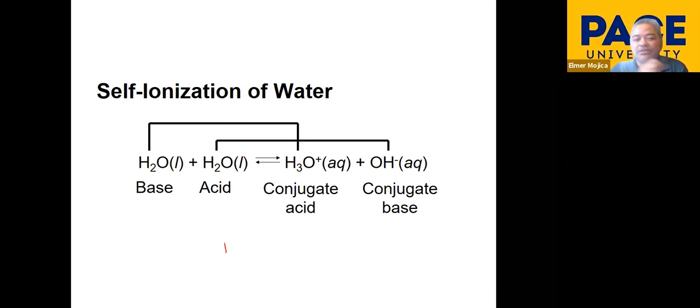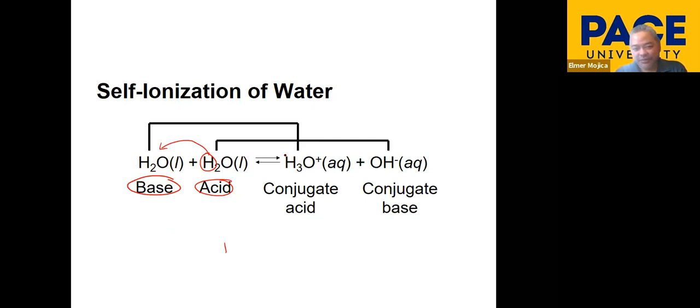So in the chemical world, water is unique because it can act as an acid or a base. If you have two molecules of water, one can act as an acid and one can act as a base. The one that acts as an acid gives one of its hydrogens, and the other one accepts it.